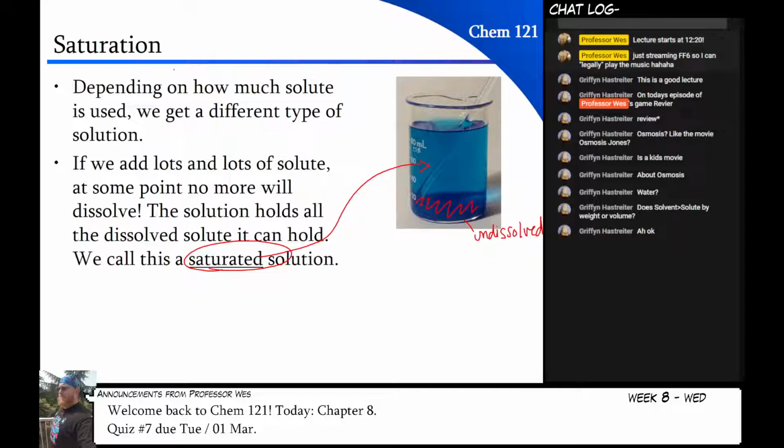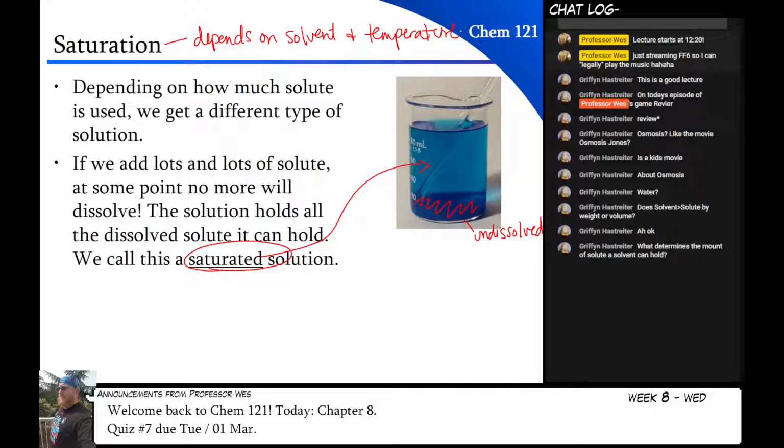Now, what we have in our solution and what is able to dissolve depends on both the solvent, which in this case is going to be water for our examples, but also its temperature. Temperature is incredibly relevant. The higher or lower the temperature, the more or less soluble something is. And it depends on what the substance is that you're dissolving.